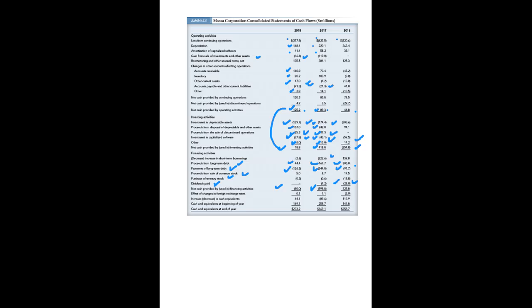These are the working capital accounts in the operating activity section, and you can see here most of them were the sources in 2018, but yes, accounts payable has used the cash. In 2017, accounts payable as well as other current assets has used the cash, and in 2016 most of them were using the cash. Okay, so this is how you can compare the working capital accounts as well. So this is it about the discussion for question number 5.1.